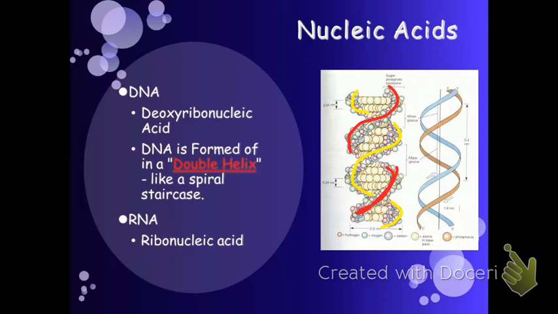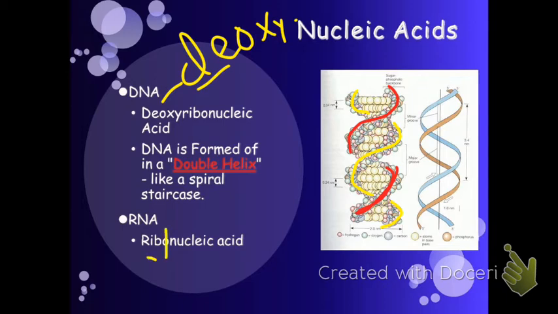Deoxy means, actually, I take that back. It doesn't mean two. Deoxy actually means deoxygenated, D meaning taken away. So ribonucleic acid, RNA, is a ribose sugar, and deoxyribo is a ribose sugar with an oxygen group removed.